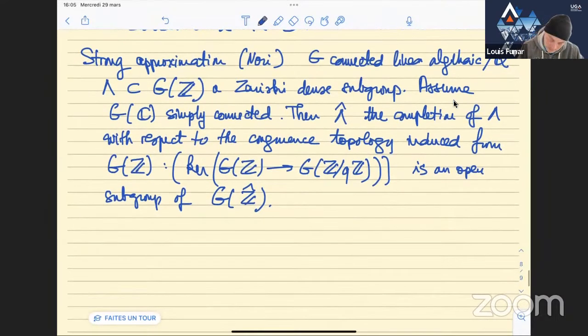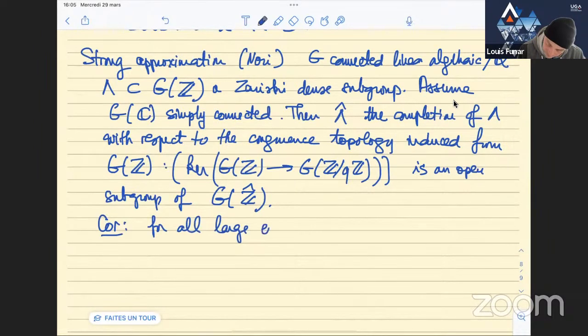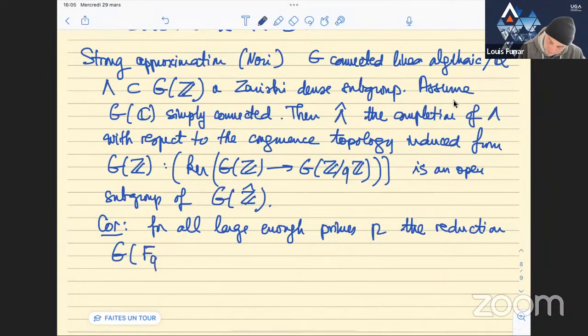So let me state it in a much clearer way. I state it as a corollary: for all large enough primes P, the reduction G of FP makes sense.